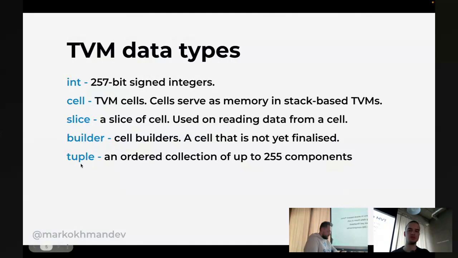So you need to understand what you store in the tuple, and you should not try to put thousands of data items in it. But you also have another interesting thing in TON, lists. We don't have this data type here, but it's the same as a tuple, except you don't have limits on the number of components in this array. So in a list you don't have limits, in a tuple you have limits.